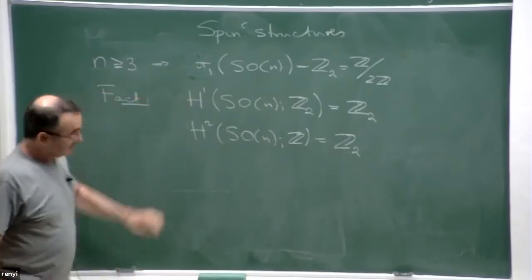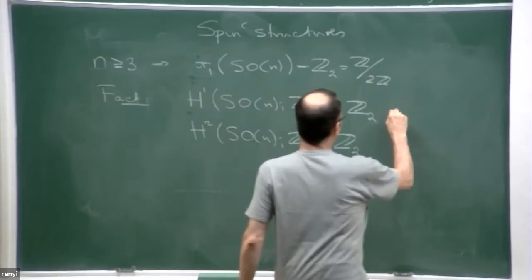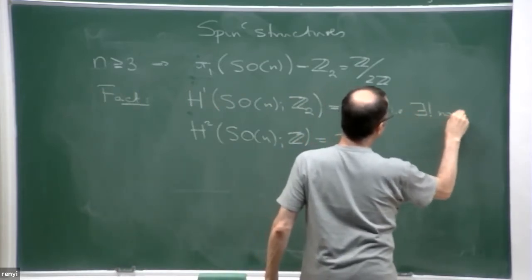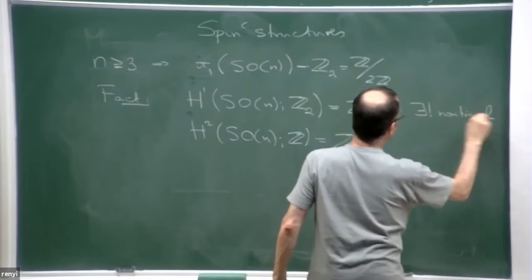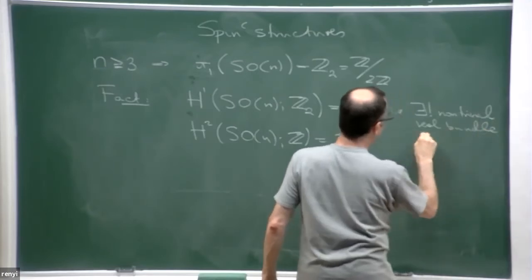So what does this mean in the language of bundles? It just says that there is a unique non-trivial real line bundle over SO(n).